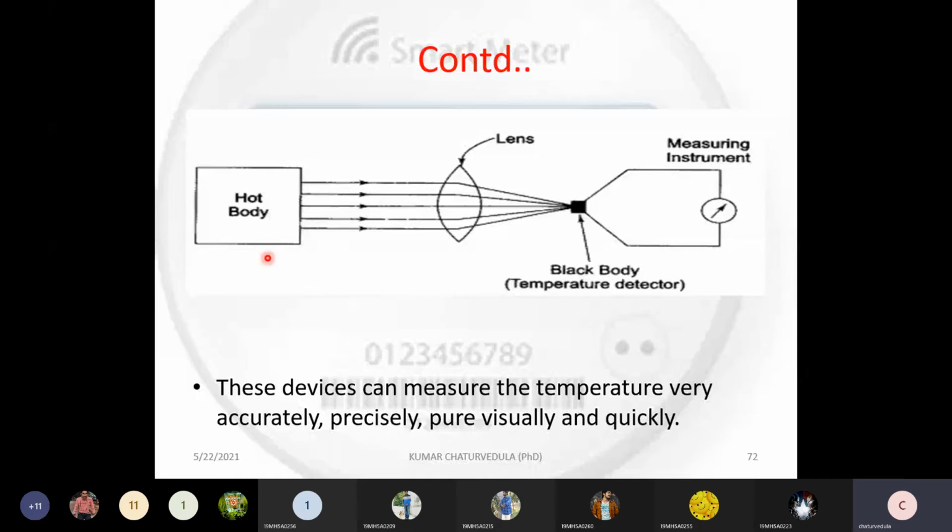Here we are showing a hot body, and we are seeing through a lens. Here we detect the temperature with a detector, which is connected with a measuring instrument where you measure the value. This is the whole idea of how I measure the temperature of a hot body.